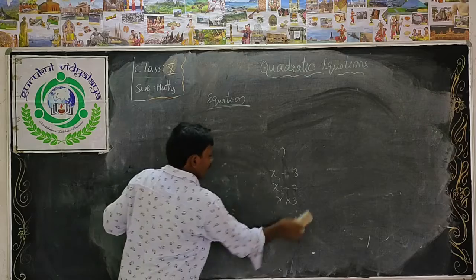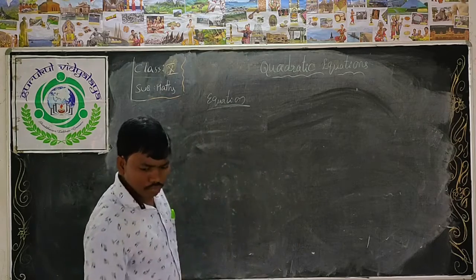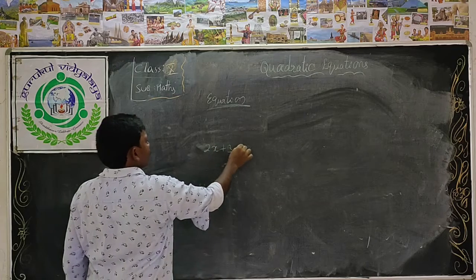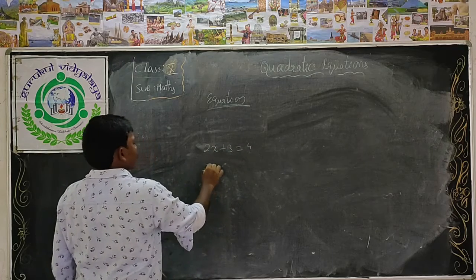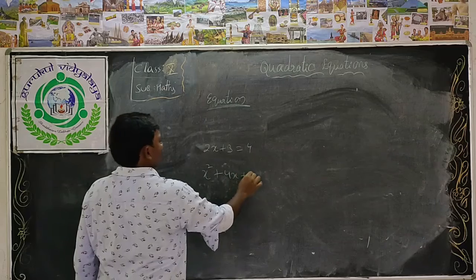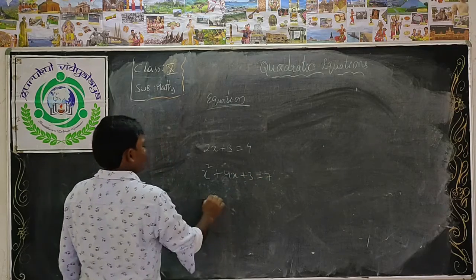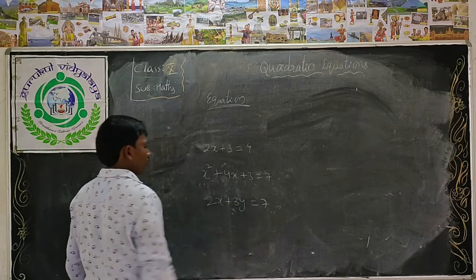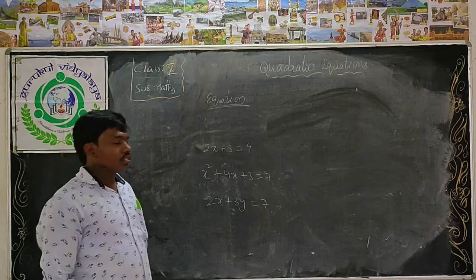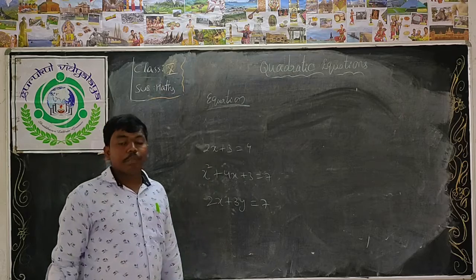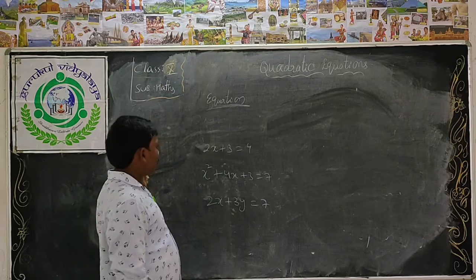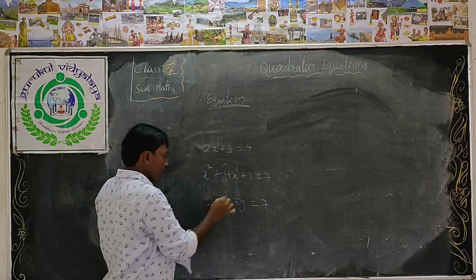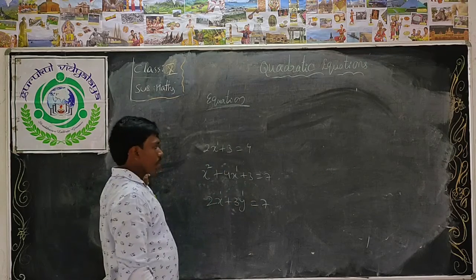Now linear equation. What is a linear equation? 2x plus 3 is equal to 4. x square plus 4x plus 3 is equal to 7. 2x plus 3y is equal to 7. See the children, the highest power of the variable is called the degree. This is 1, this is 2, this is 1, this is 1, this is 1.